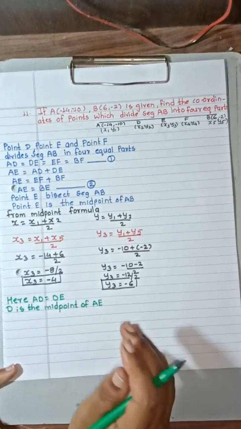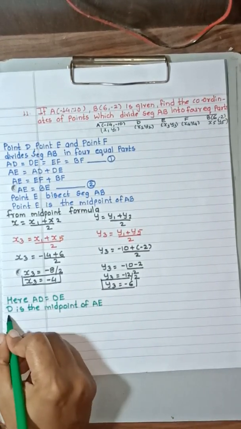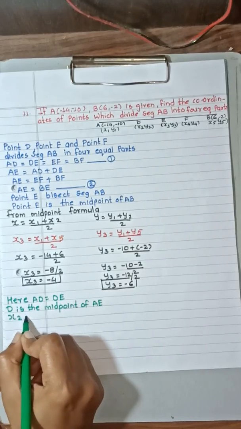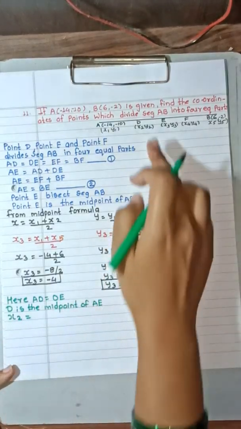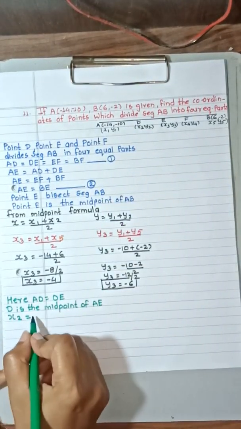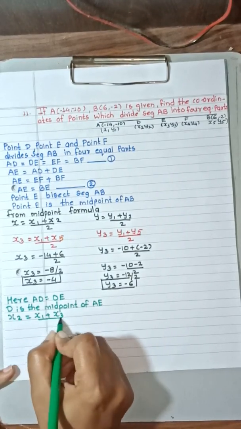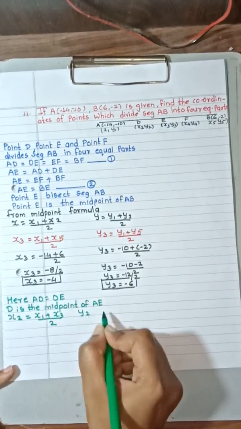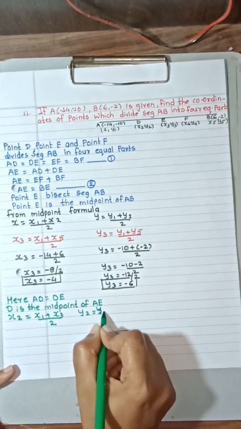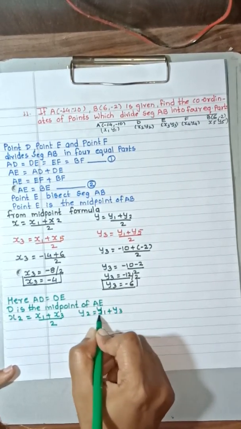Now as this is the midpoint of AE, the formula will be again: x2 is equal to (x1 plus x3) upon 2, and y2 will be (y1 plus y3) upon 2.